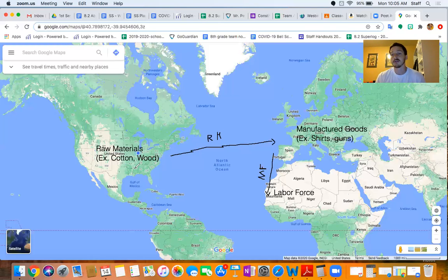Now, here's where things get very problematic, because they could have chosen to produce a little less and gotten a little less wealth out of the whole situation. Or they could have chosen to pay more workers. But instead, they realized, what if we could have slaves and make them work for free? Then we could produce so much stuff and build this massive economy around cotton and these other things we're producing.